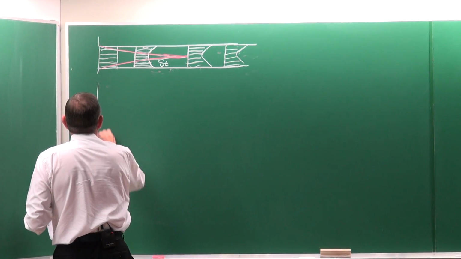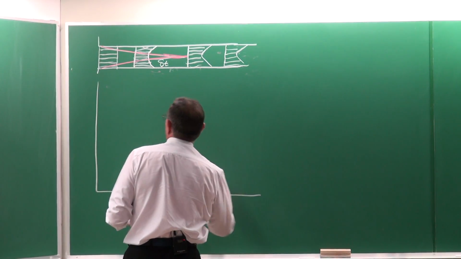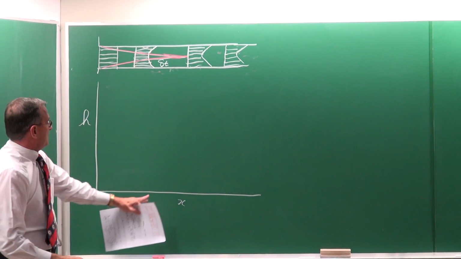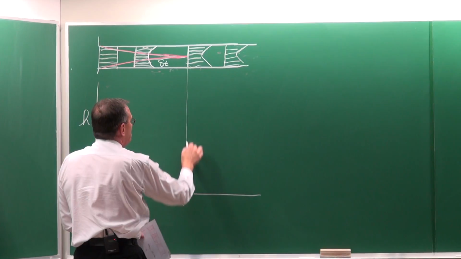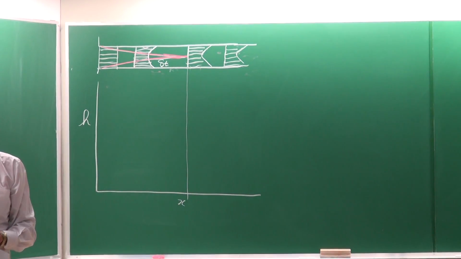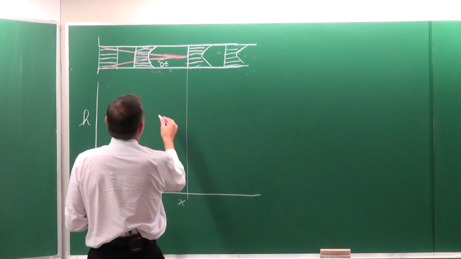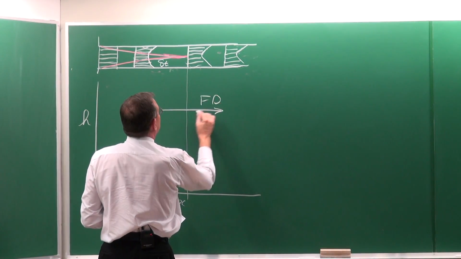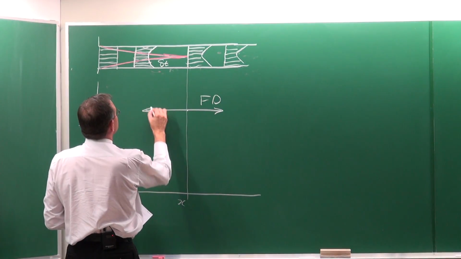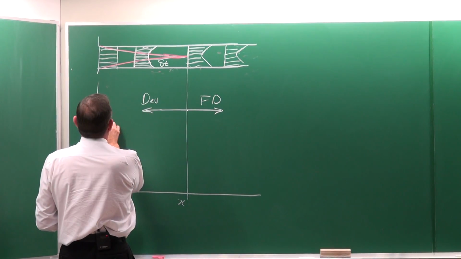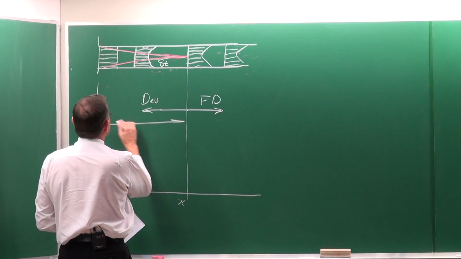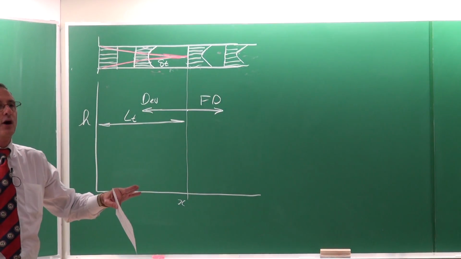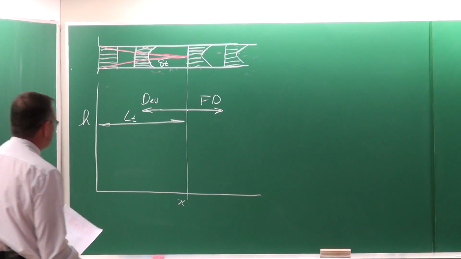So if we now look at the heat transfer coefficient as a function of x, then again, where they meet determines when the flow is developing and when it is fully developed. Fully developed from there on, and on this side the flow is developing, and this distance is known as LT, the length before the flow is fully developed thermally.